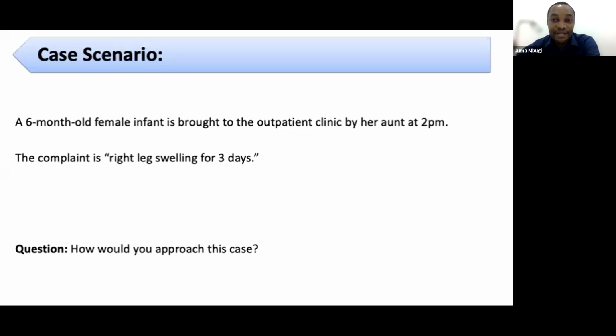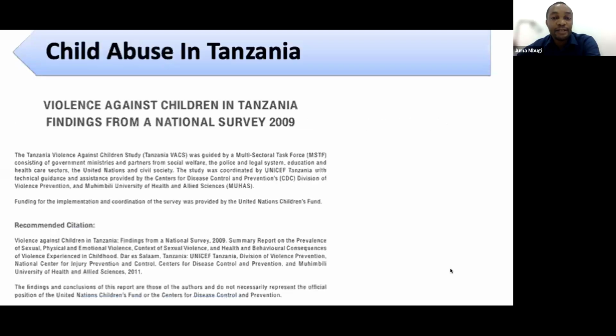So let's see the burden of child abuse in general in Tanzania. There was a study done in 2009 about child abuse. The title was Violence Against Children in Tanzania, and the findings were documented by a national survey in 2009.